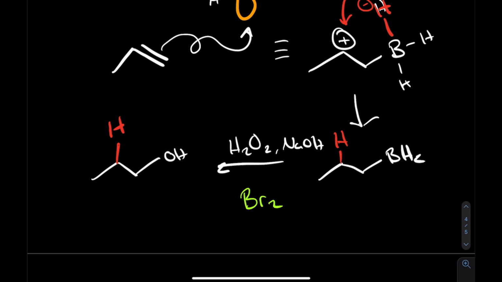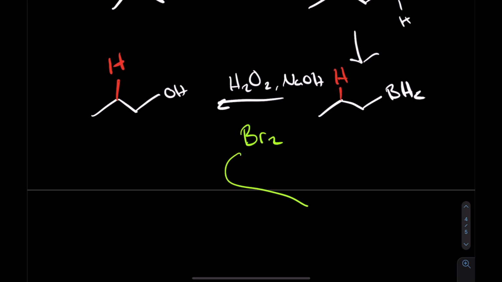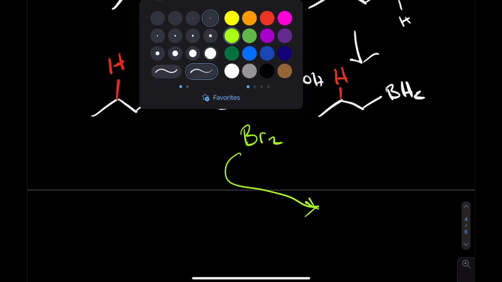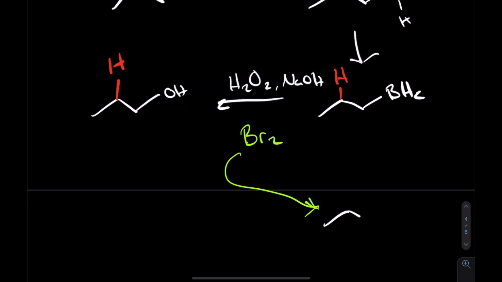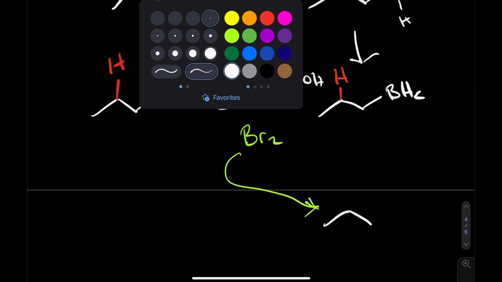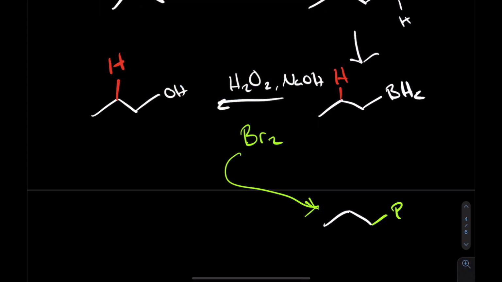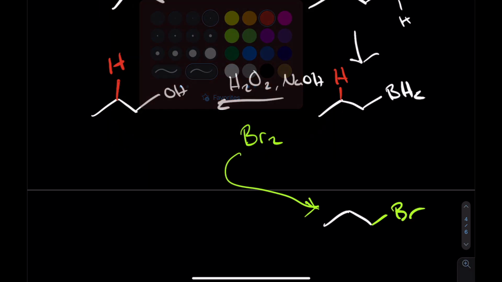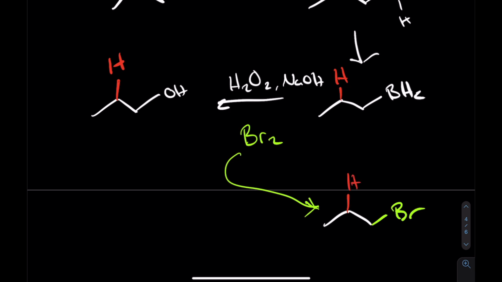What you would end up with is your anti-Markovnikov product, but with bromine in its place, and of course that hydride here as well. So you can also end up with a hydroboration product in the anti-Markovnikov position.